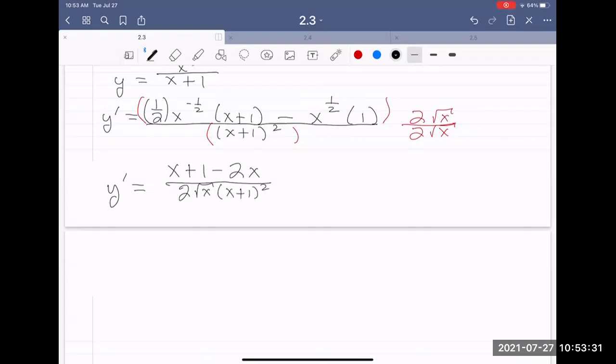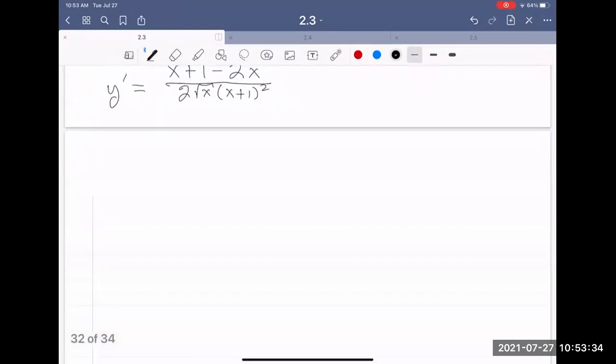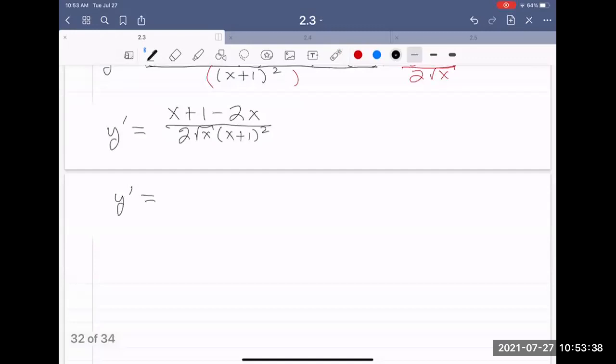So this is equal to 1. x minus 2x is just minus x over 2 rad x, 1 plus x squared. Okay.